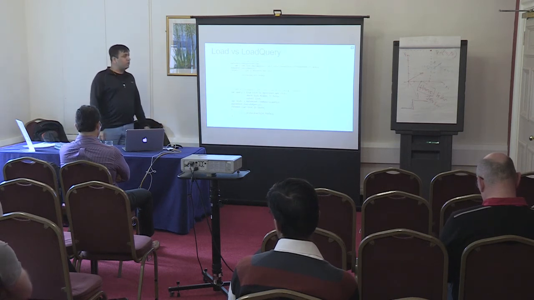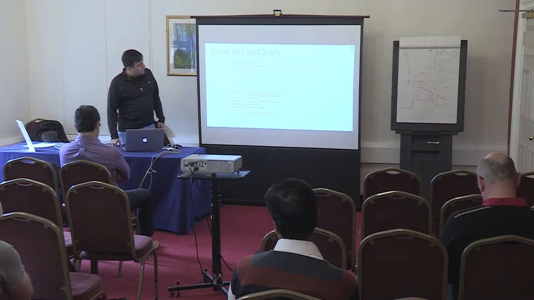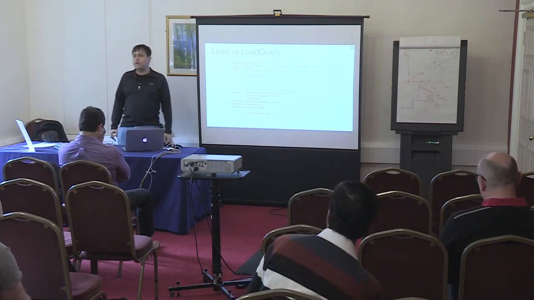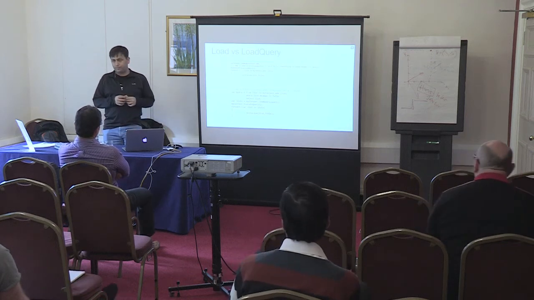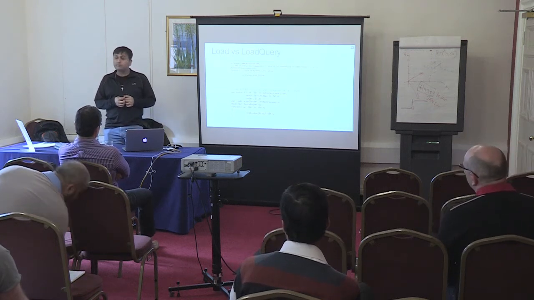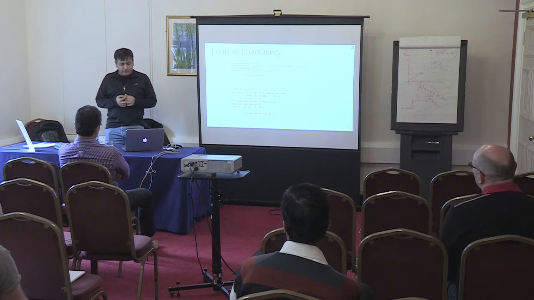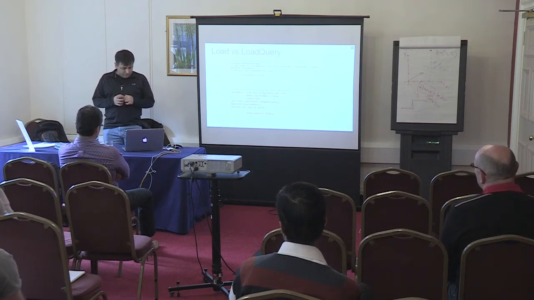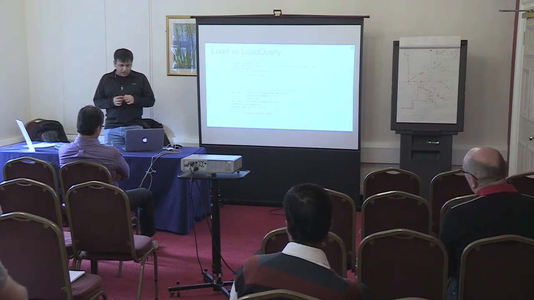Now let's talk about load versus load query. Both of these examples of code that you see over here are of equivalent complexity. The first one at the top is getting all lists, basically the title, where the hidden property is false.